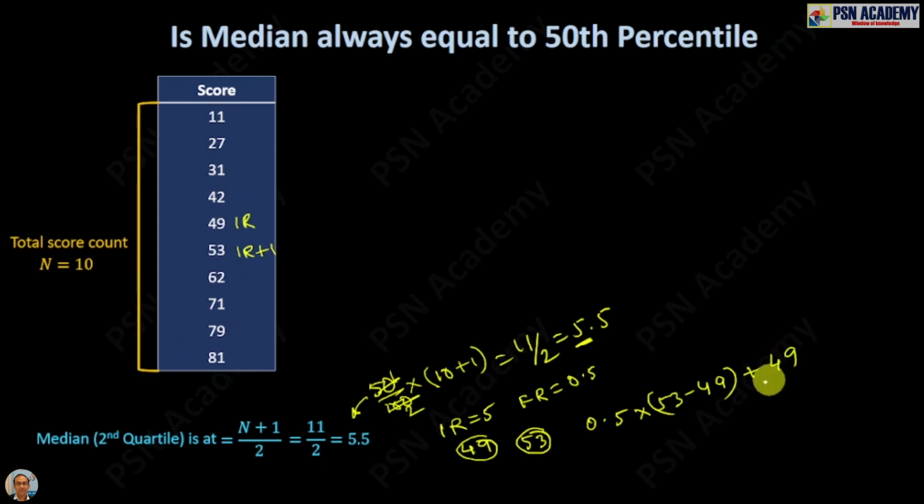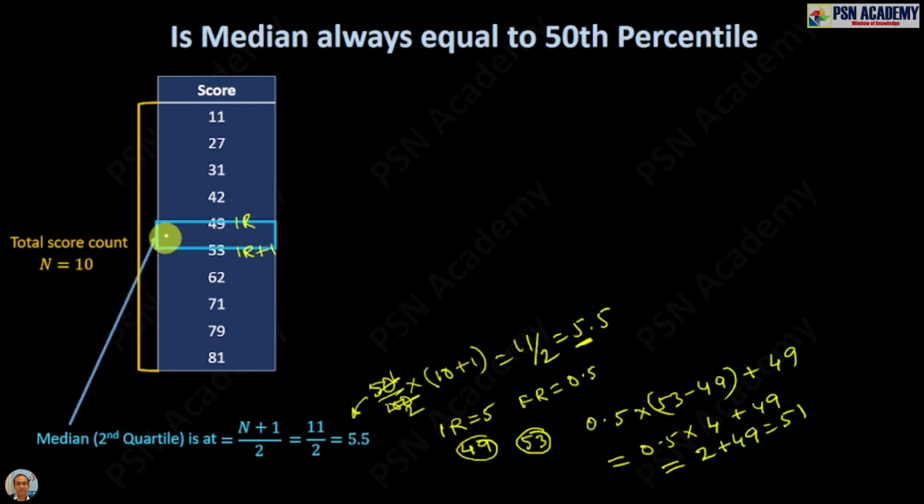So 0.5 times 4 is 2, plus 49, it will give you 51, right? So in the general way, if we go like this, then this will be your median, right?